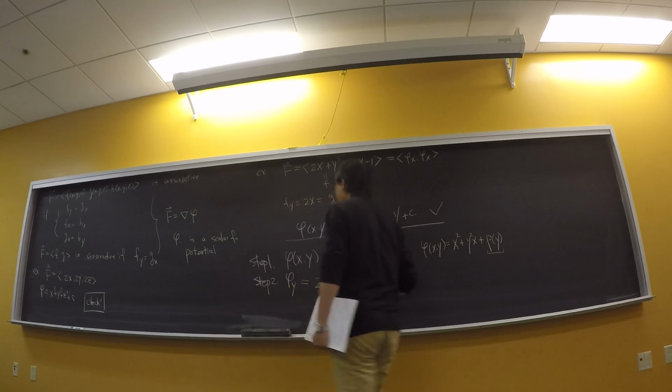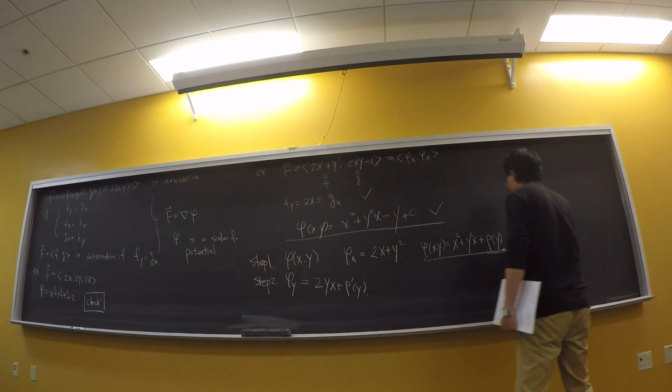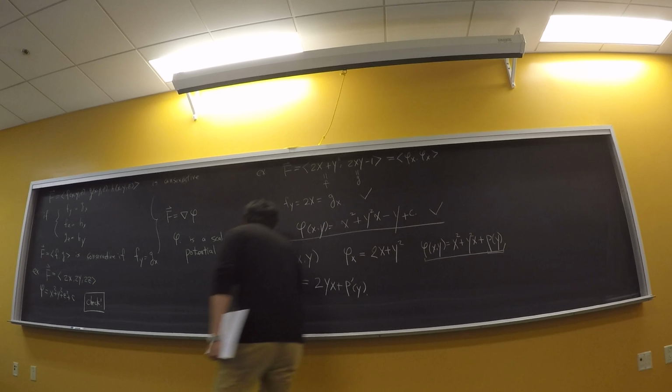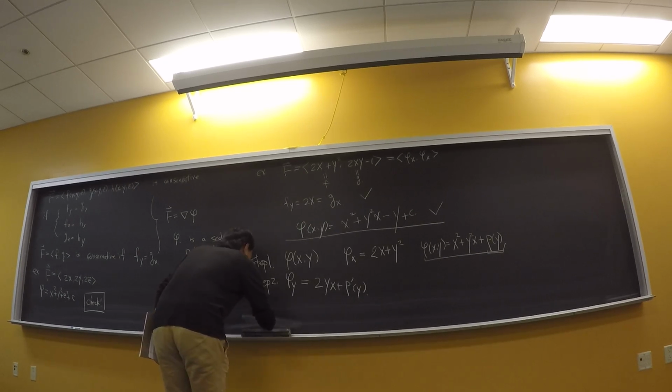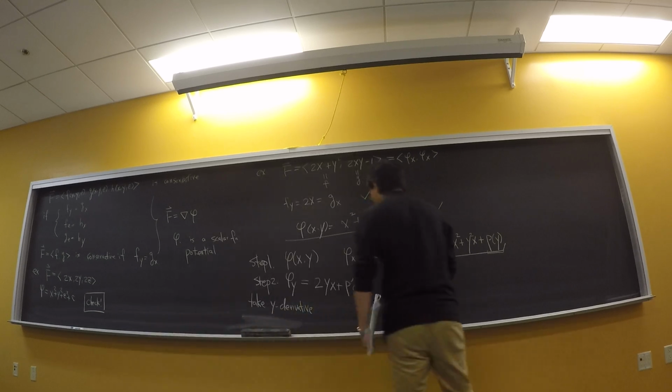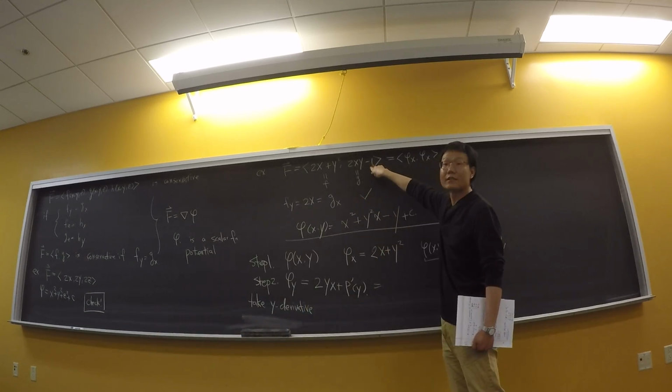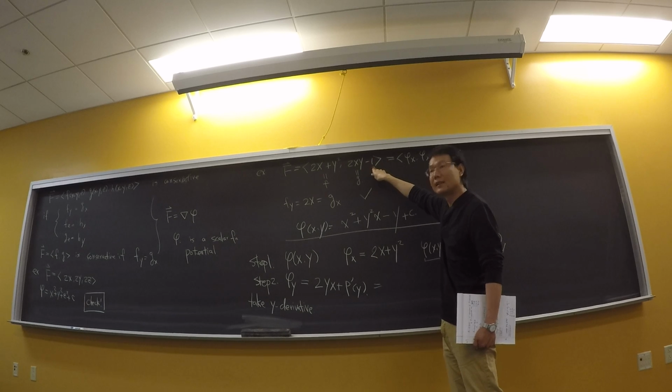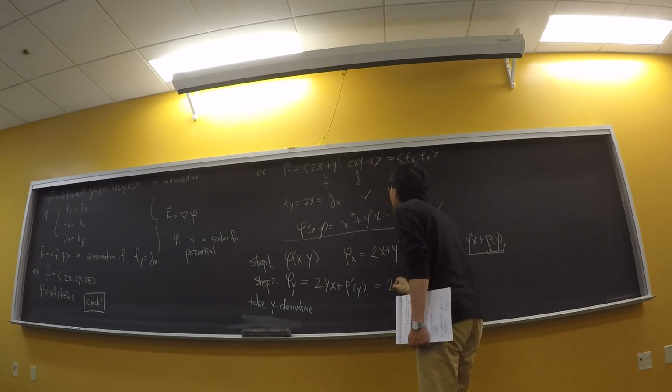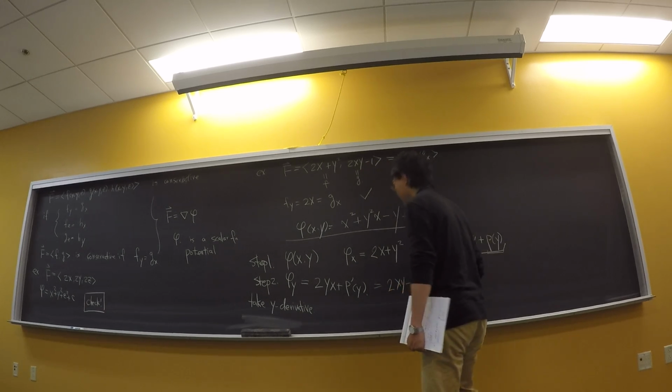Am I right? So I'm taking the y derivative on this part. But I want to make this equal to what is given in the very beginning. So in the very beginning, I have 2xy minus 1.